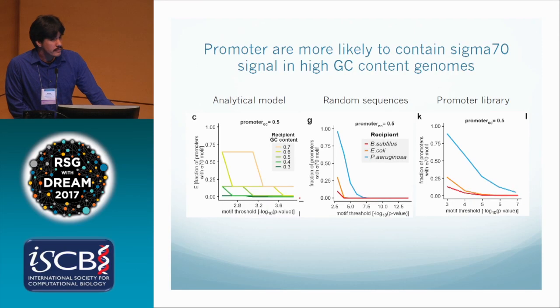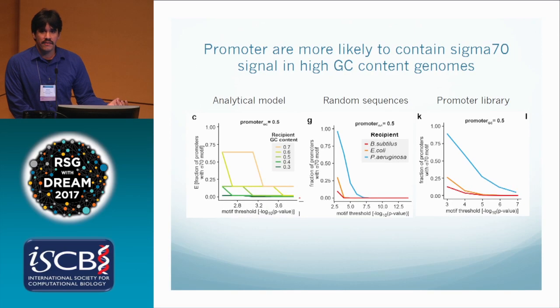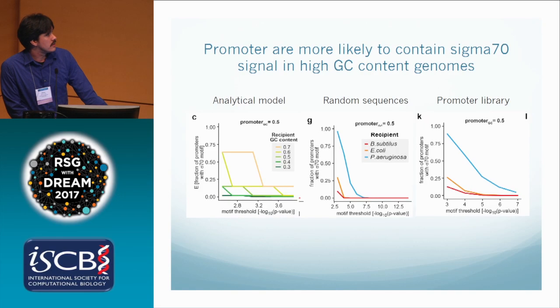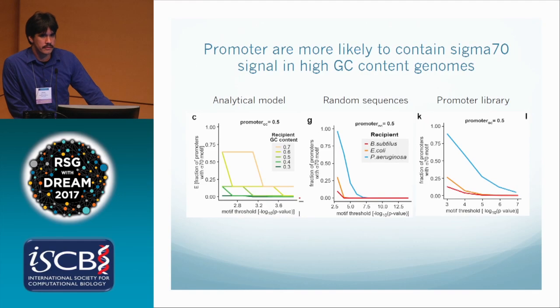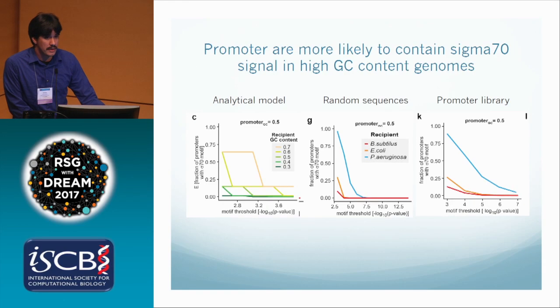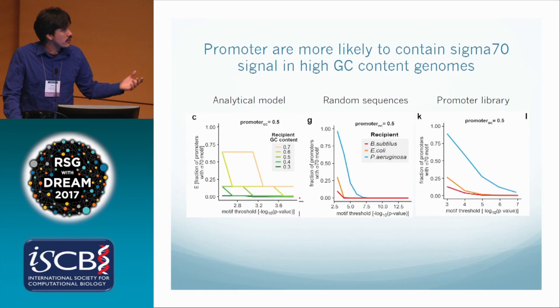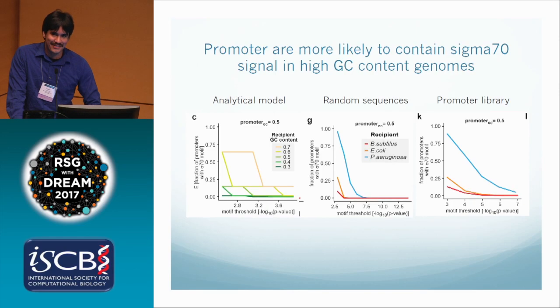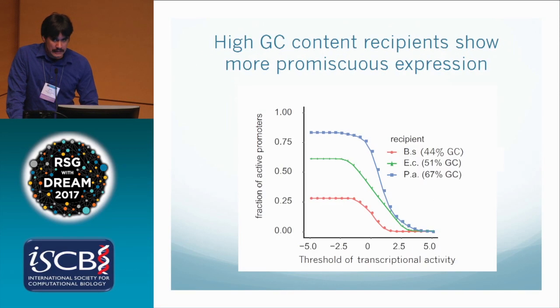They represent a scan of the motif in the genome, corrected by the background of the sequence. The y-axis is the fraction of promoters that I would observe, and the x-axis shows a predefined threshold. And in all cases, what you see is that recipients with high GC content are much more likely to have a positive signal for a fraction of recipients.